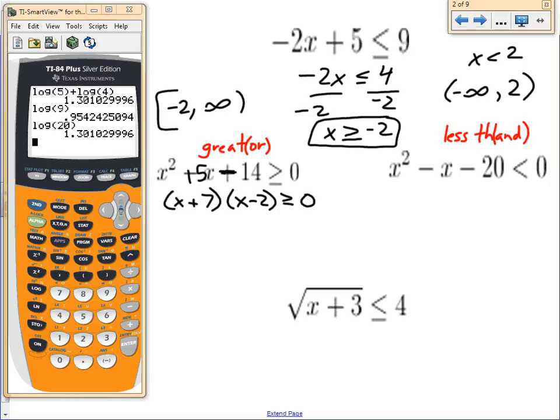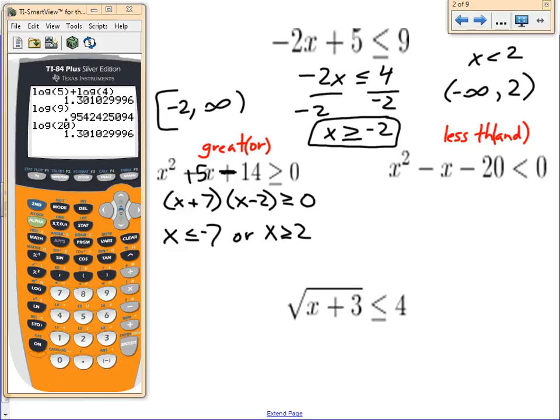Which number is going to be bigger, negative 7 or positive 2? Positive 2. So over here on the left, because the original problem is greater than, you go x is less than or equal to negative 7, or x is greater than or equal to 2. All because of the way the original problem is set up.